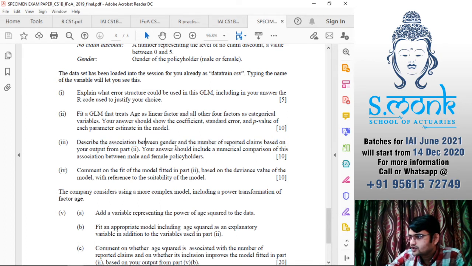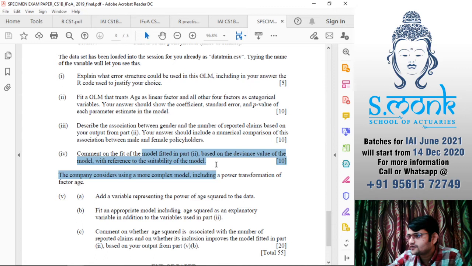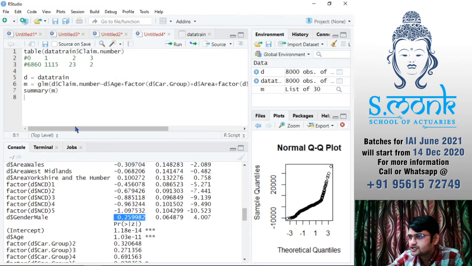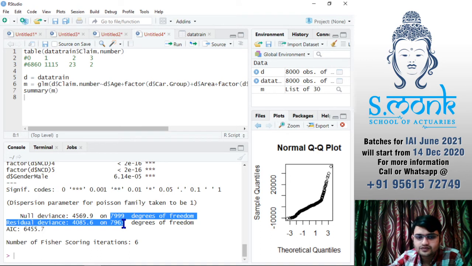Your answer should include numerical comparison. That is what we just did. Next: comment on the fit of the model in part 2 based on the deviance value of the model referenced. For that you will have to just check the change in deviance versus the change in degrees of freedom.